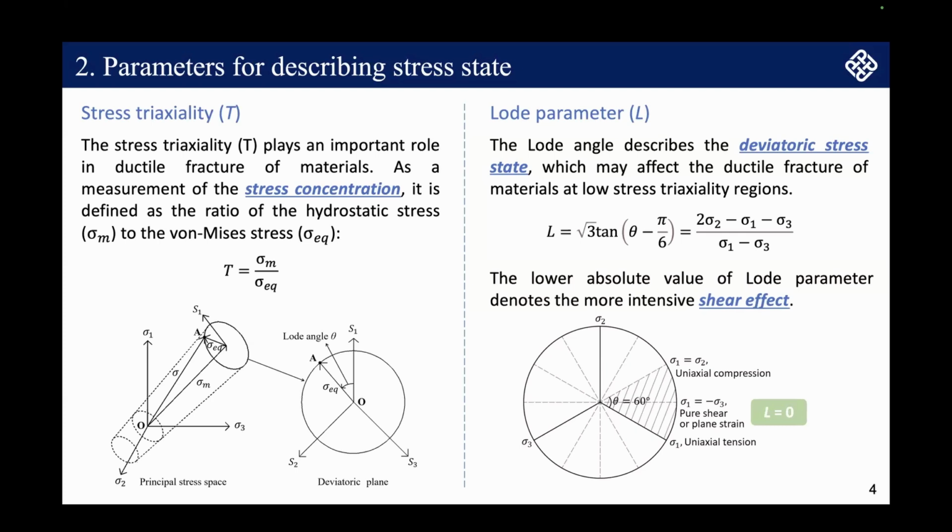Here we need to pay attention to two important values. When L equals 0, the material point is under pure shear and plane strain state. And when L equals -1, the material point is under uniaxial tension.